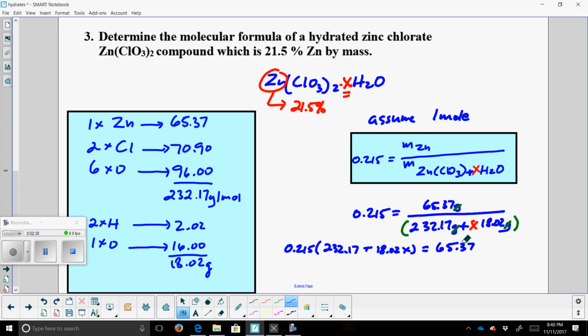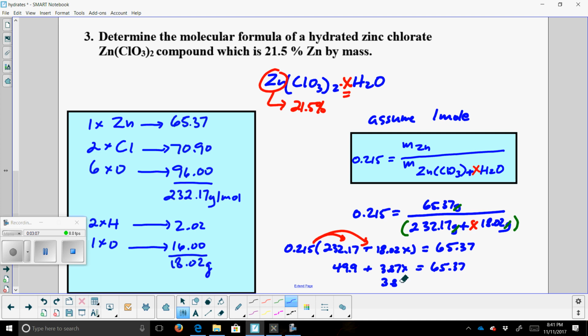Now we're going to use the distributive property. We're going to multiply through over here and determine the values. So for the first part, what I have here is 49.9 grams plus 3.87x, and this is equal to 65.37. I'm going to collect the like terms.